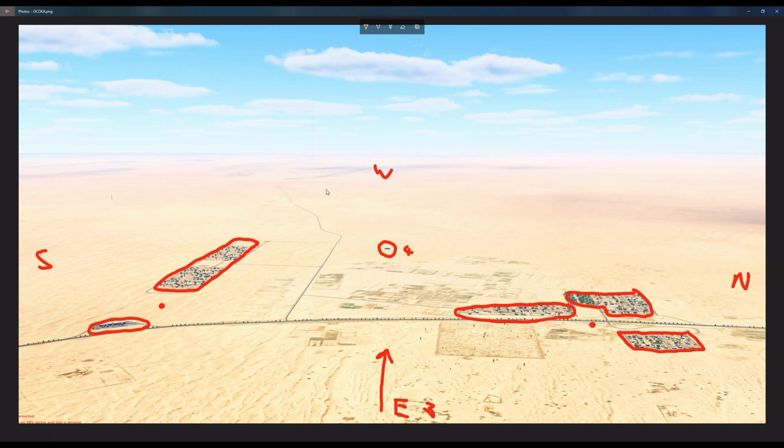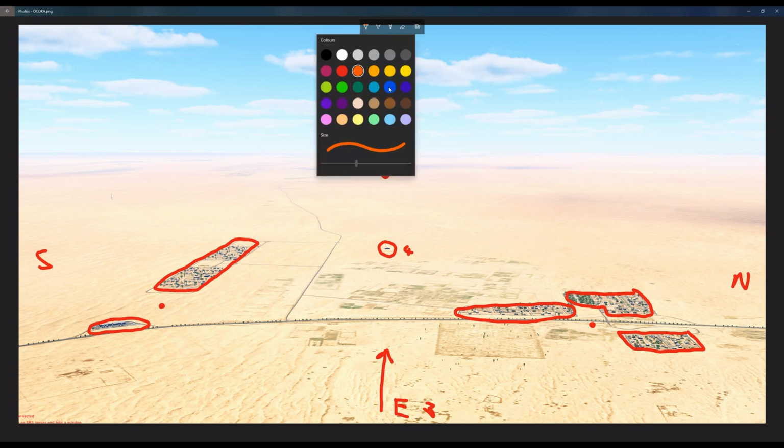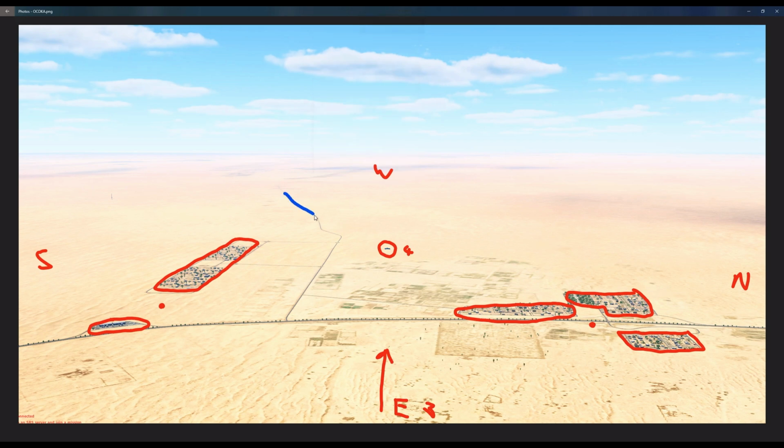Avenues of approach, for both friendly and enemy movement. In this case, you've been given this east to west attack direction that's been stipulated by the constraints of the mission, but you've also got lines of advance for enemy troops around the map. They could, if they wanted to, just drive straight across the desert.